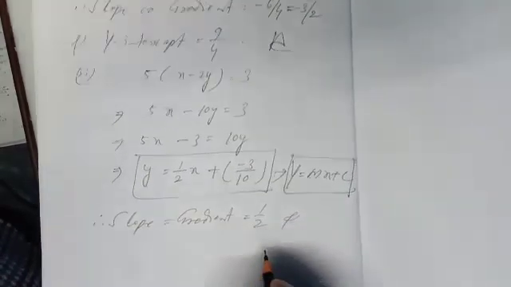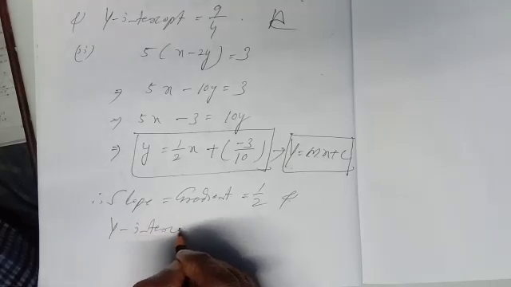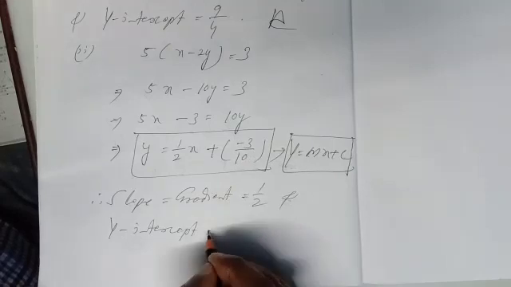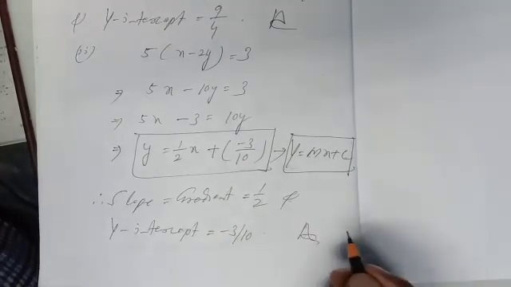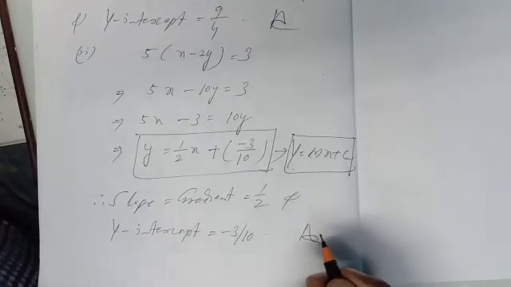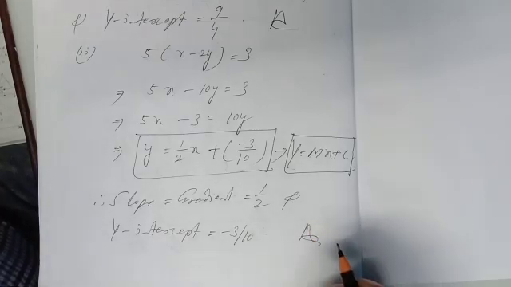And y-intercept is equal to c here, minus 3 by 10. Y-intercept is minus 3 by 10. In this way, we have completed number 19, first part and second part, as well as number 12, 3 questions, total 5 questions completed today.